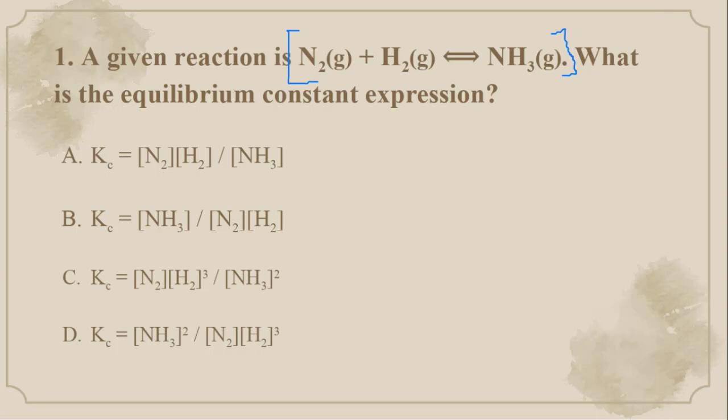So if we put a 2 in front of the N2, would that balance it with the N on the right side? Let's first balance it, and then we'll go for the answers. If we put a 2 over here, our N's are now balanced. What about our H's?